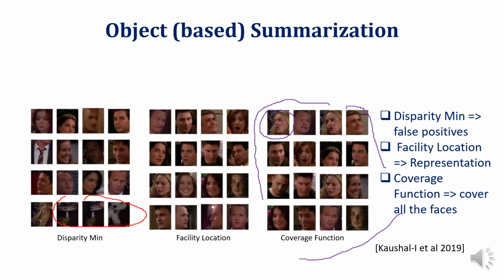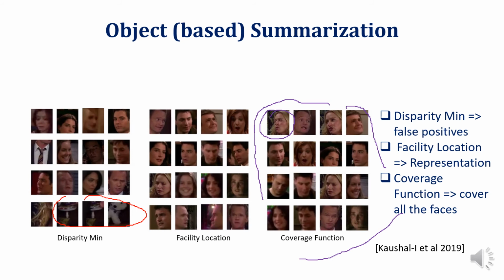However, coverage might be even more useful, because you want to not just get representation, but ensure that even several tail faces, or rather faces which are very less frequently observed, are captured. As you can see here, some of these poses are not captured in the facility location, but they are captured through coverage.